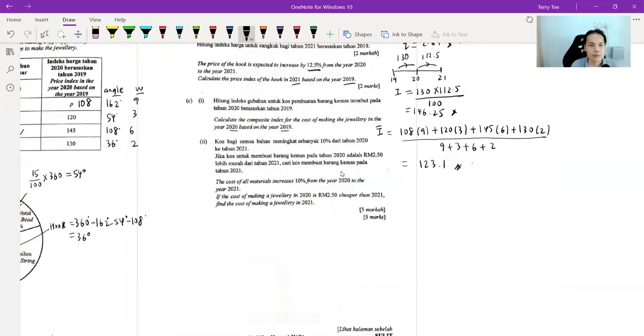Okay, now, last part. The cost of all materials increases by 10% from 2020 to 2021. If the cost of making the jewelry in the year 2020 is 2 ringgit 50 cents cheaper than 2021, find the cost in 2021. So here's the thing, cost in 2021, we don't know.